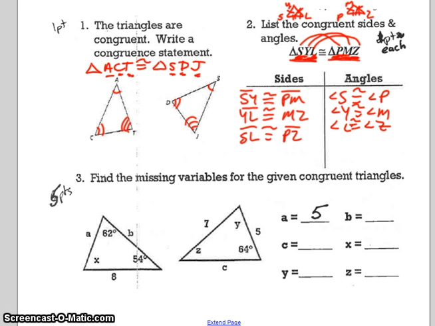Next, number three, find the missing variables for the given congruent triangles. Well, this side right here is congruent to this side right here, so A equals 5. B, this side is congruent to this side, so B equals 7. C, 8.